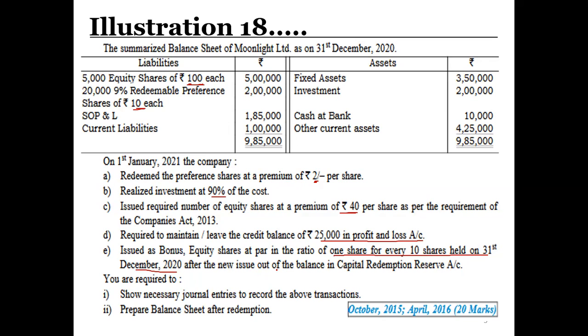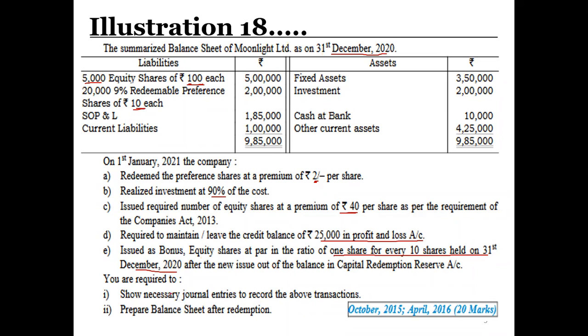In short, new issues will not be considered for issue of bonus shares. So the ratio in which we are issuing bonus shares is 1:10. Right now we have 5,000 equity shares as on 31st December 2020. Divided by 10, we will issue 500 more bonus shares.